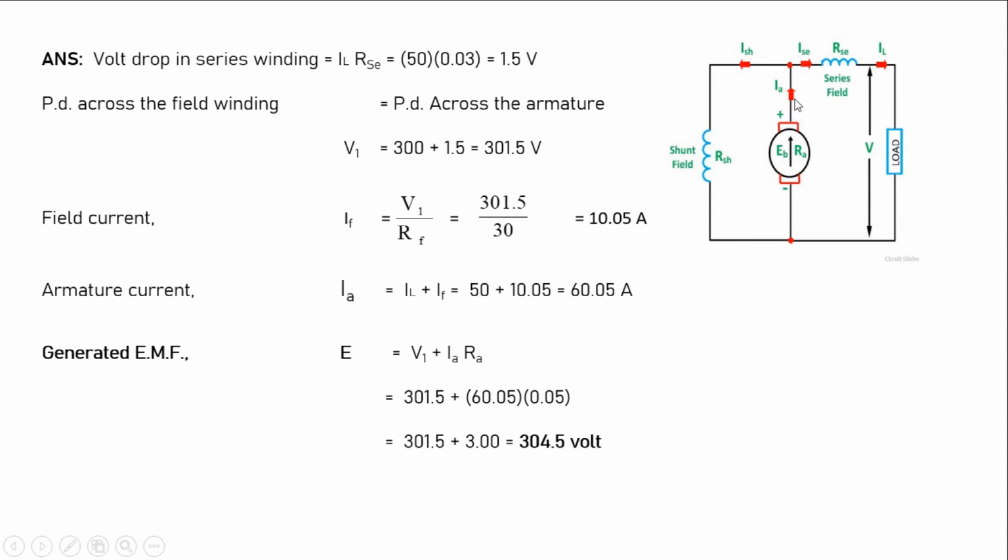So EG is V1 plus IRA, the drop across the armature resistance. So that is 301.5 plus IA, which we already found as 60.05 amps, into the armature resistance given as 0.05. Total it will come as 304.5 volts. Like that we need to calculate.